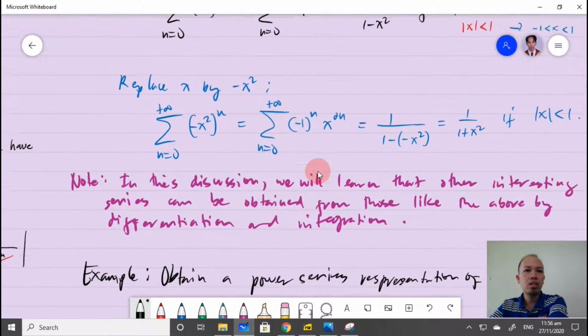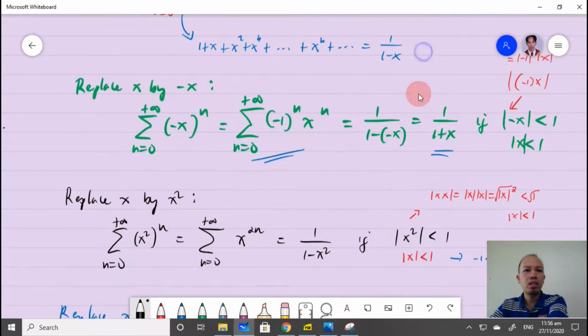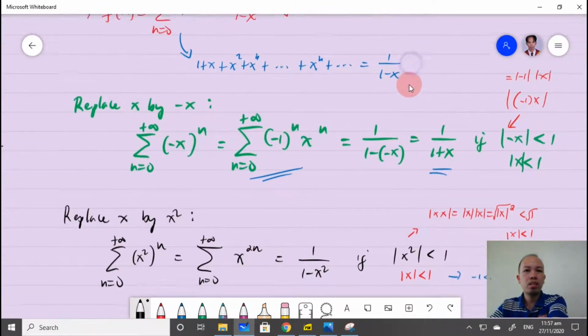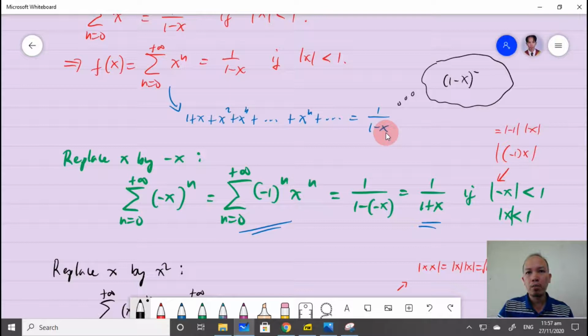Remember that in our discussion above, this geometric series, if we write this one in exponential form, this is equal to 1 minus x to the power of negative 1.